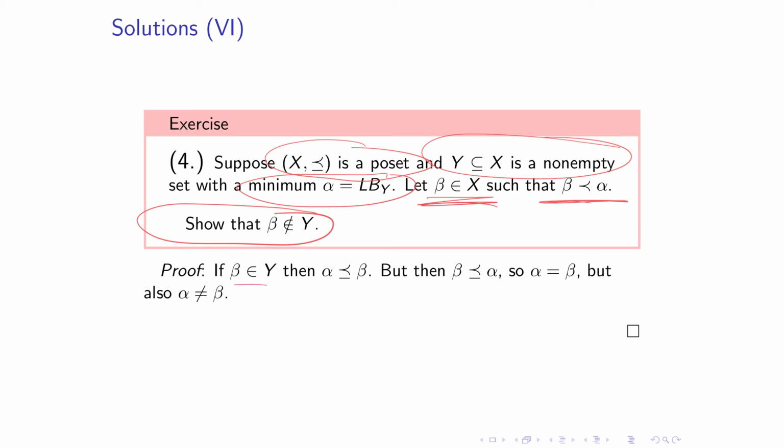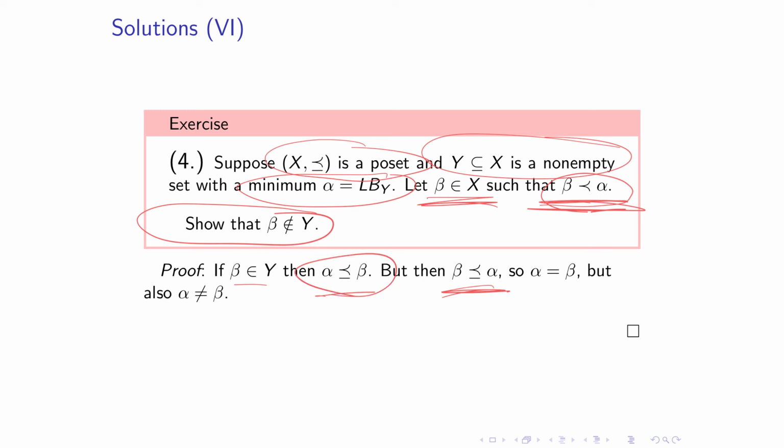Suppose for contradiction that it is in Y. Then because alpha is the minimum of the set, then alpha must be less than or equal to beta. Well, from the assumption that beta strictly precedes alpha, then it must precede alpha. So beta precedes alpha.